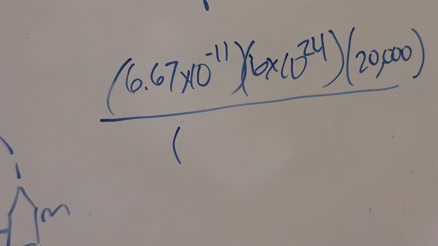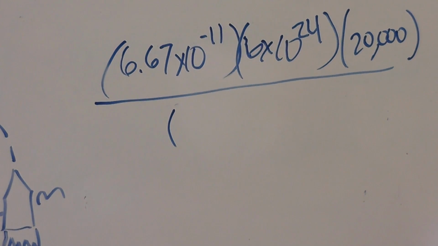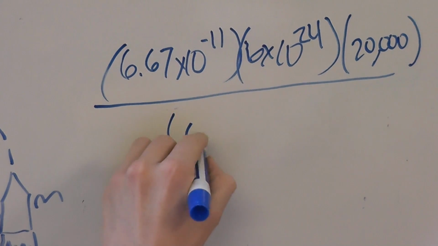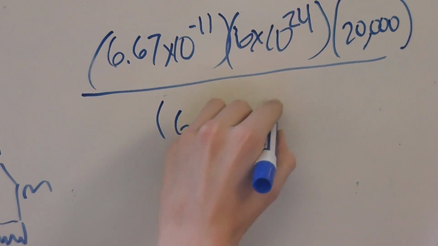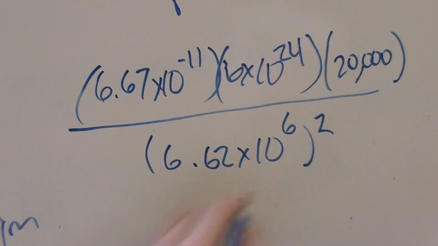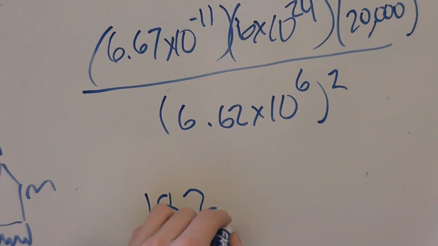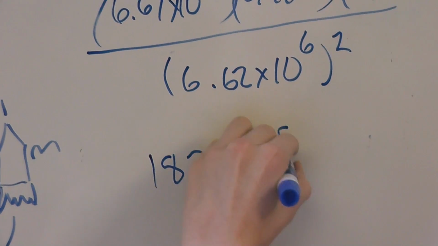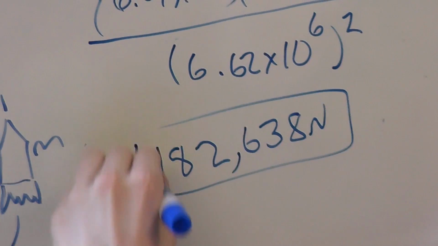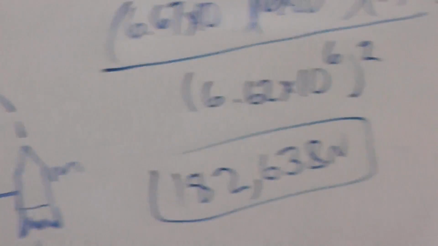So that's how we know his radius. All over that squared, so obviously that's going to be 182,638 newtons. I may be off by a few decimal points, but that's obviously the answer. Quick math right there.